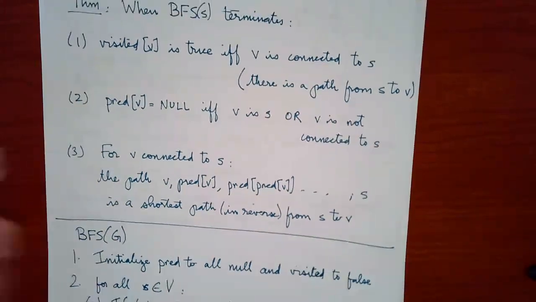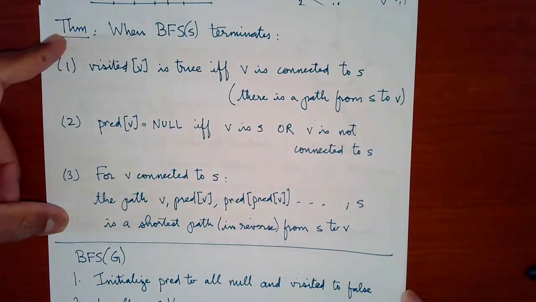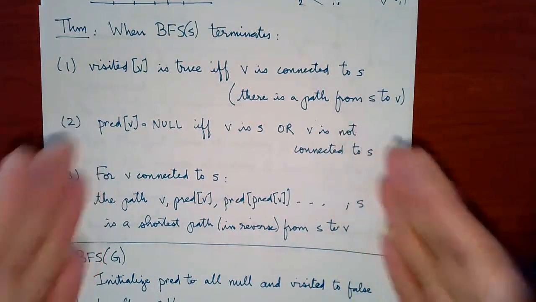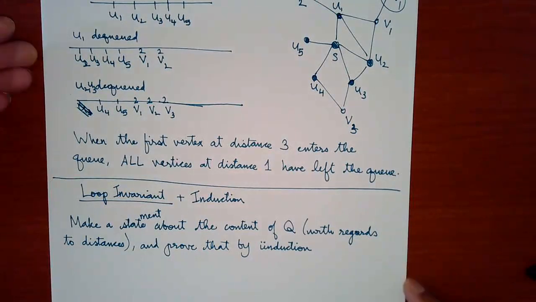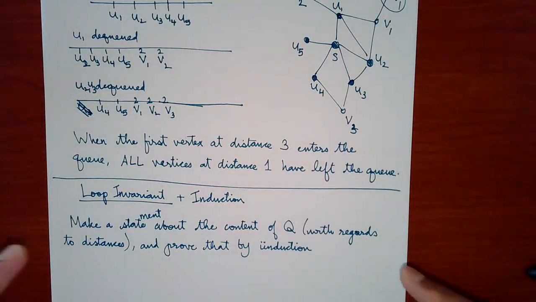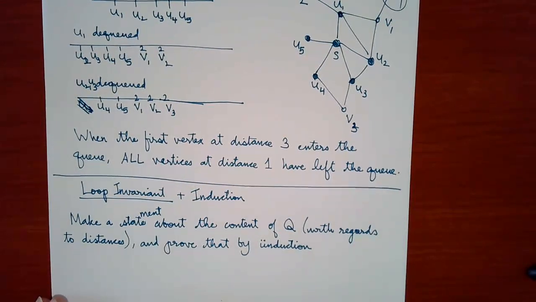I want to emphasize this process here: you want to prove this theorem, but instead of trying to attack this theorem directly, which is very hard, you try to understand what is happening in the key data structure, and prove properties of that data structure, which will give you the loop invariant from which we can now prove the main theorem. So I'm going to state the loop invariant here in somewhat gory detail.